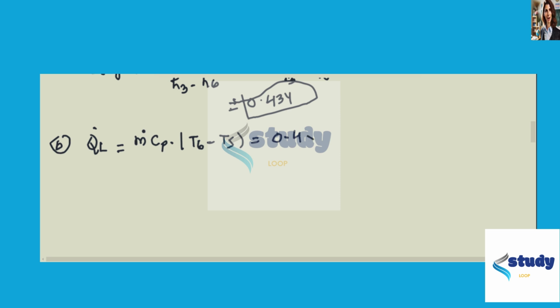Specific heat 1.005 kilojoule per kg per Kelvin. Change in temperature at the sixth state temperature of the fluid is 246.3 minus 193.2. So refrigeration load we will get 21.36 kilowatt.